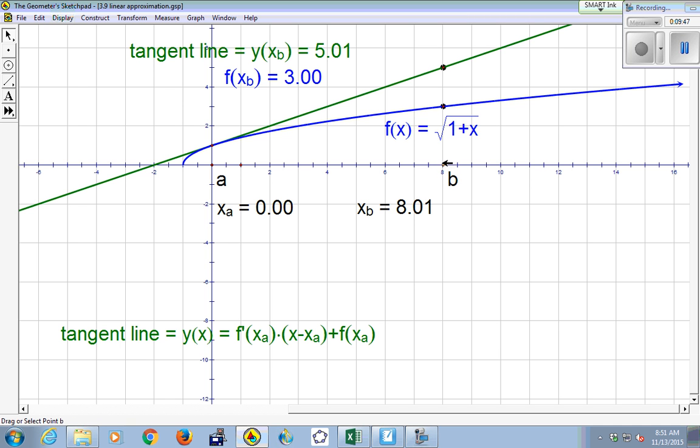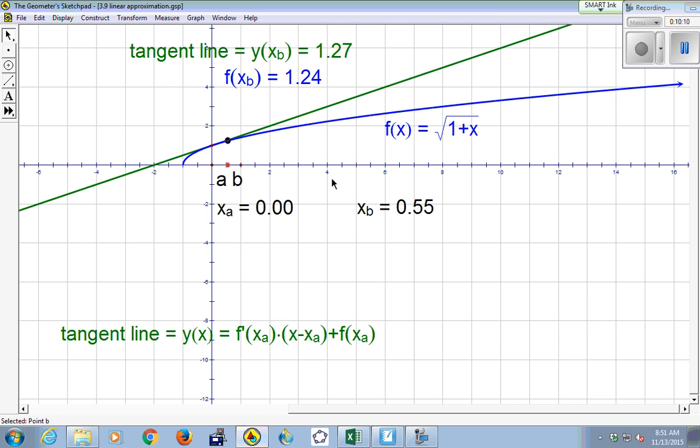And then when I'm near 0, I'm going to slide this over here. When I'm near 0, see how the y value on the line and the y value on the curve are almost identical. They're only off by a little bit. When I'm near 0, it's almost impossible to distinguish the green line from the blue curve. So that's the idea.